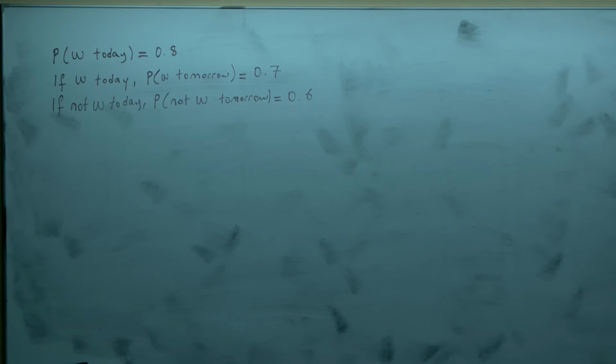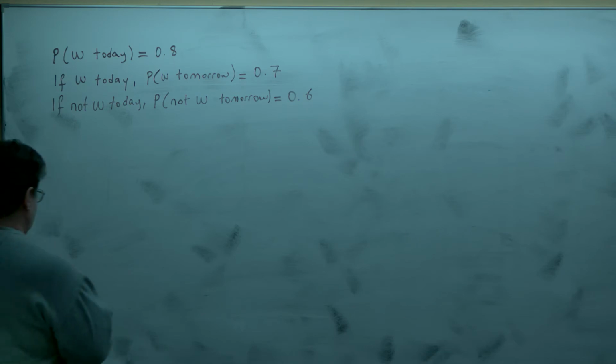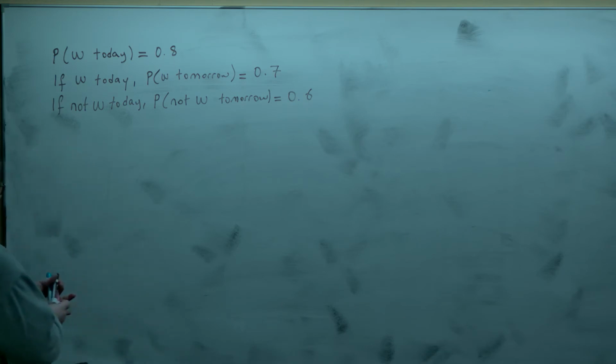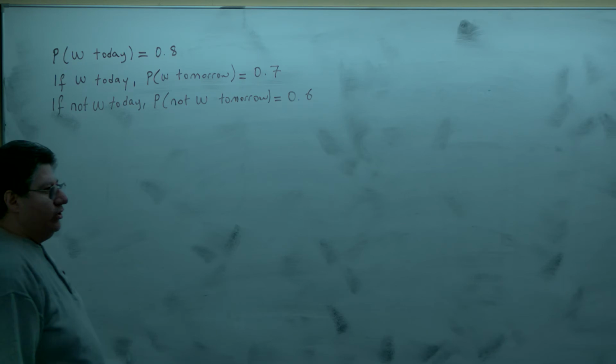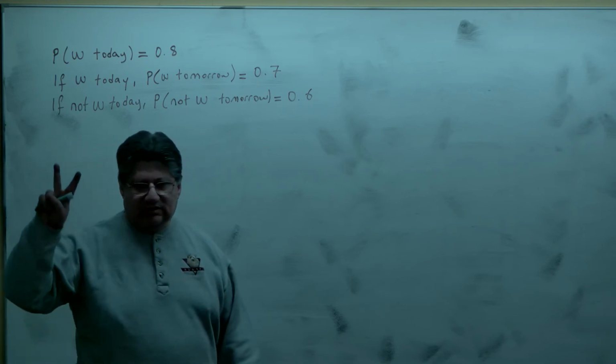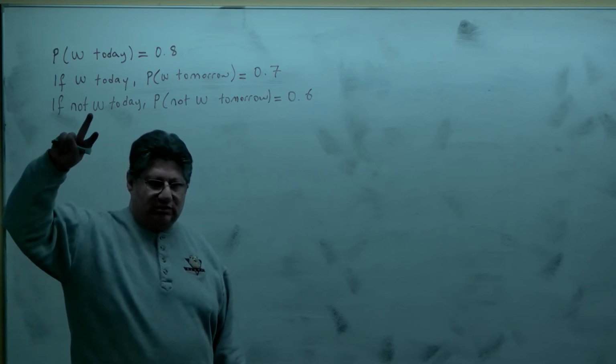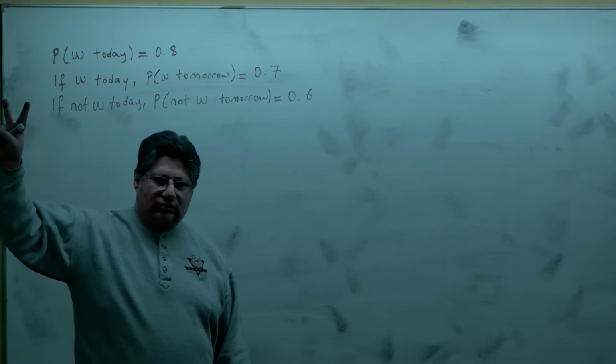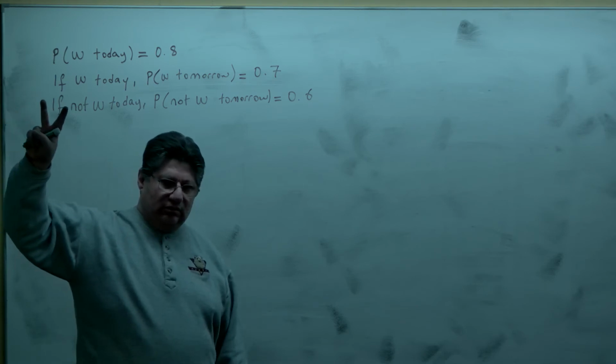Now let's construct a tree for this structure. It's a tree. Okay? And then we will calculate several probabilities. So, for today, it can either be windy or not windy. Two cases. Dichotomous means two cases, two possibilities.